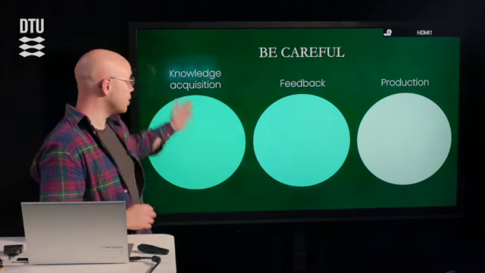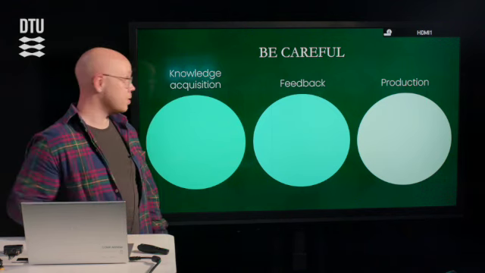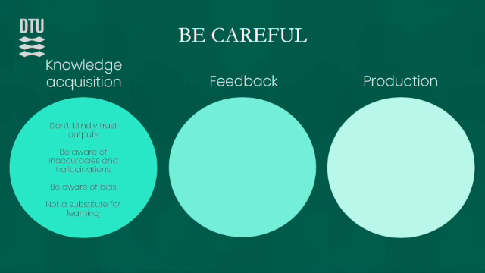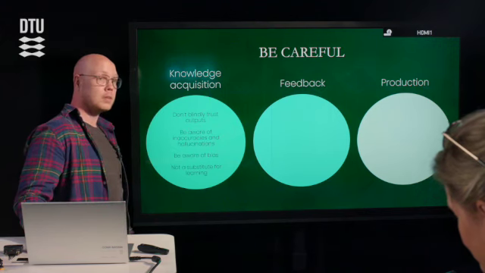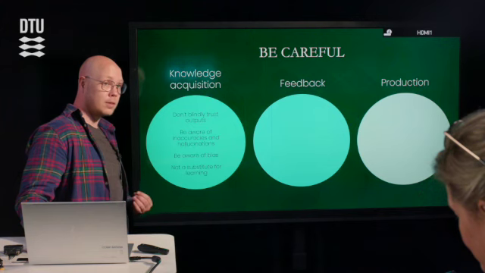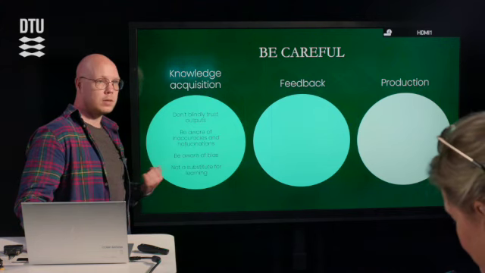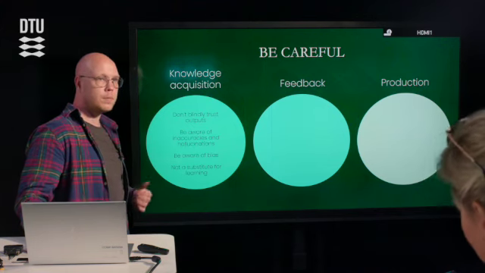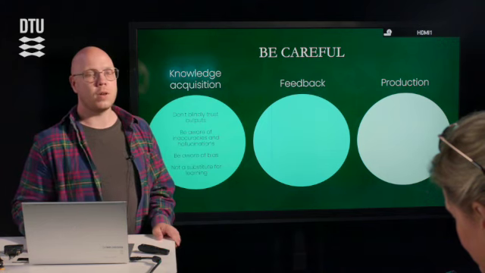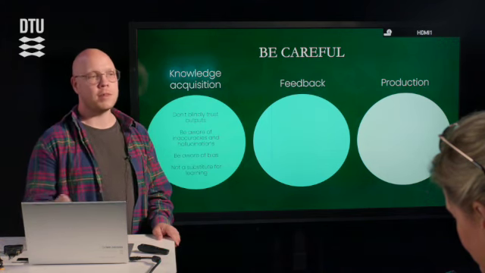Finally, similar to how we have learning potentials, there are also things to be careful about. I think in terms of using it for knowledge acquisition, it's very important to not blindly trust the outputs, because there are inaccuracies. There are what we call hallucinations. What do you mean by this? Hallucinations is what we call it when an AI makes up information.